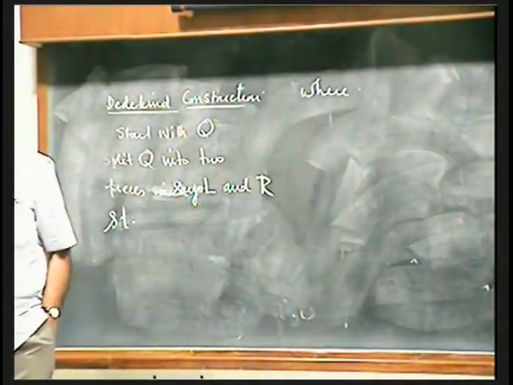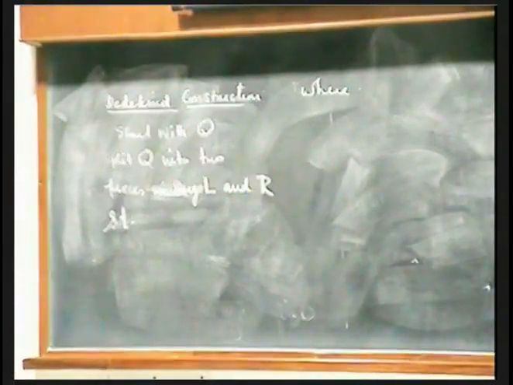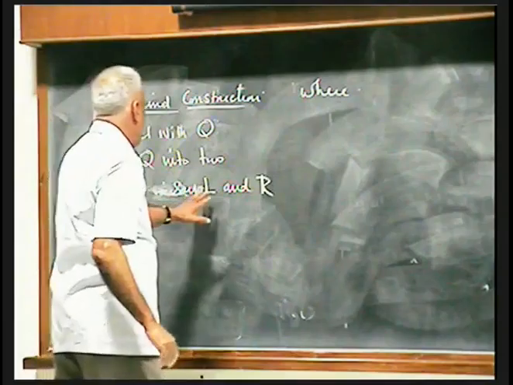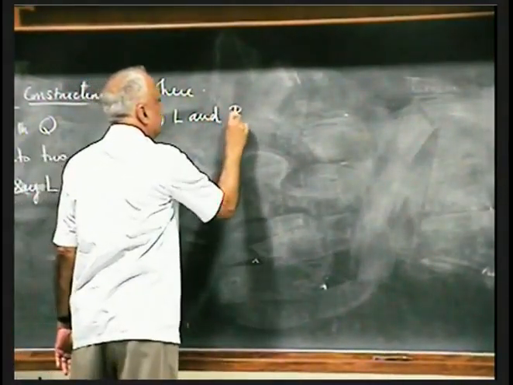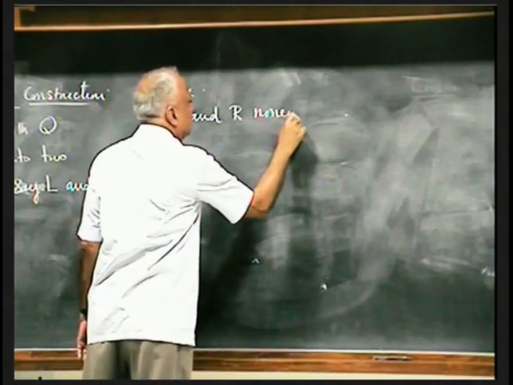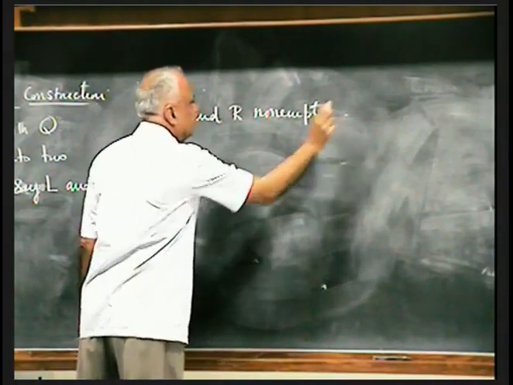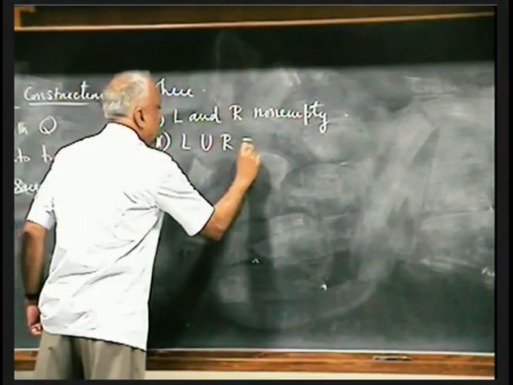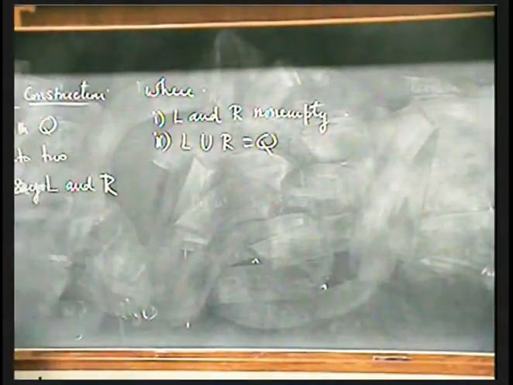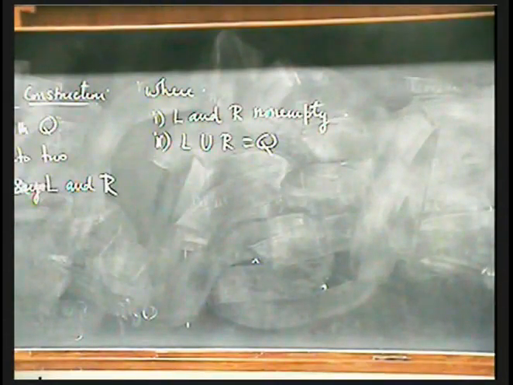How is the splitting done? First of all, these fellows are non-empty. I have split them into two parts, which means their union is Q. That is, it's a partition of the rational numbers.